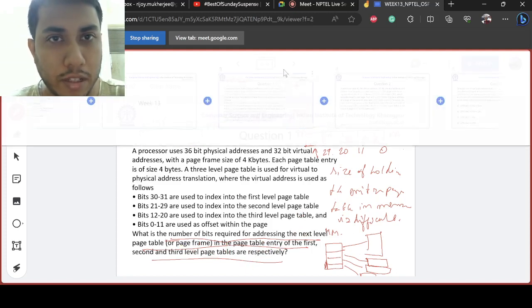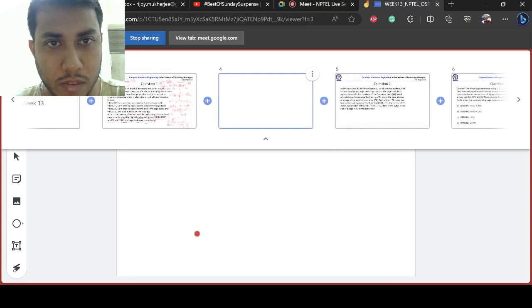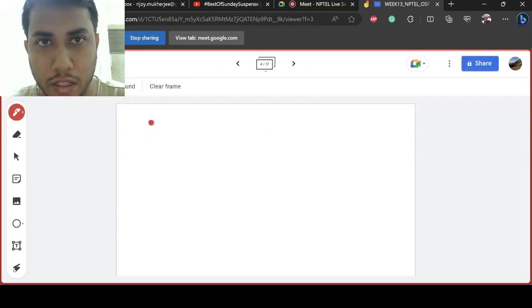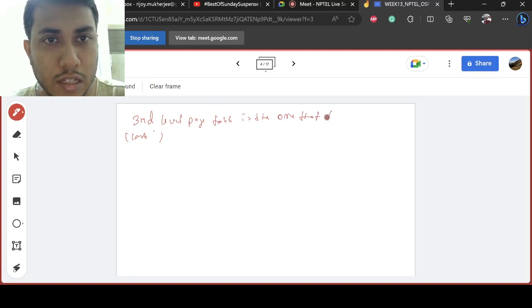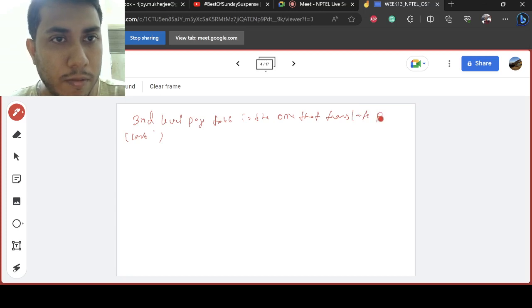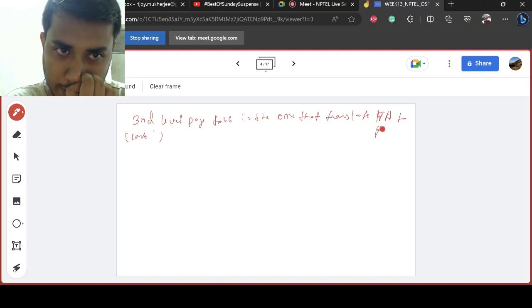So always remember one thing. Your third level, or let's say last level page table, is the one that translates virtual address to physical address, right?